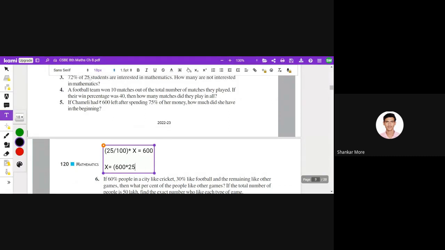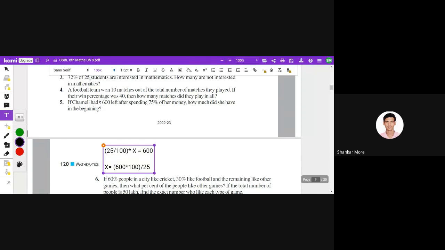No, my bad. It will not be like this. So this is the formula that you have to use. 600 multiplied by 100 divided by 25. So this is going to result in 2400, 2400.